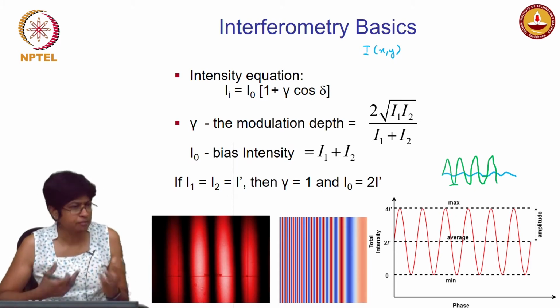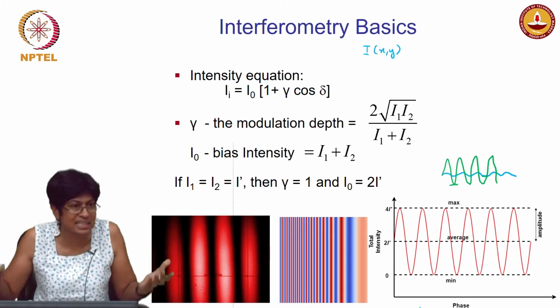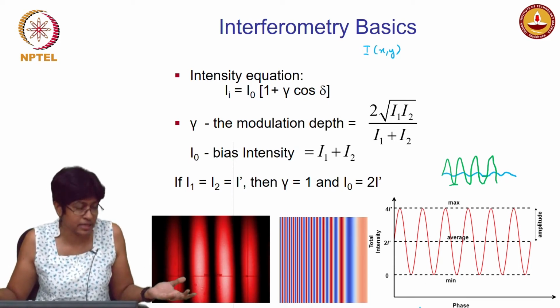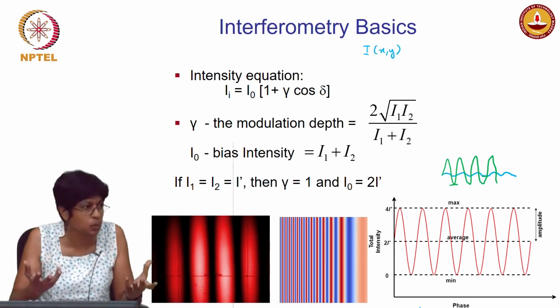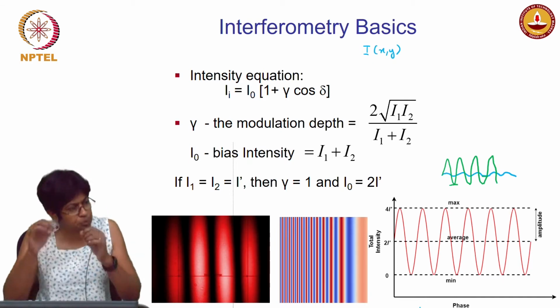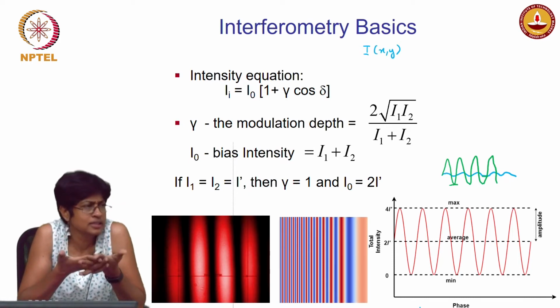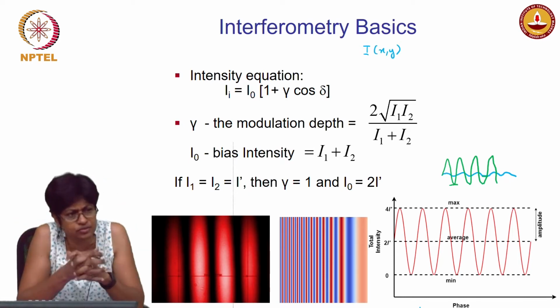I don't really have much control on the object beam, right? It is reflecting off the sample. In fact, the whole idea is to measure what the sample is. I don't want to manipulate the sample. So, if I want to improve the modulation depth in my interferometer, is there something I can do, or do I just have to live with the visibility I get?